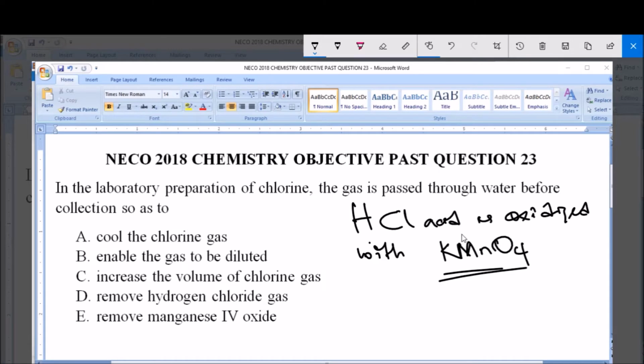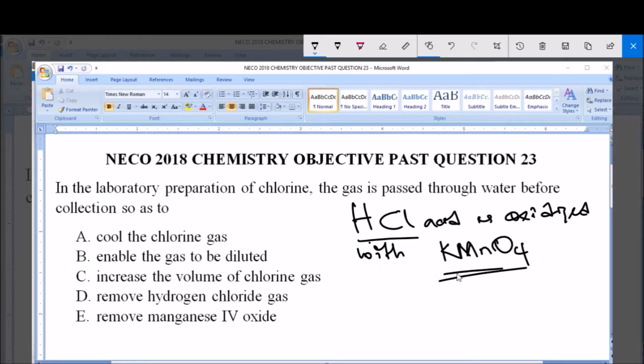Now, once this hydrochloric acid touches this potassium tetraoxomanganate(VII), what happens? A small amount of hydrogen chloride will be evolved together with chlorine gas.